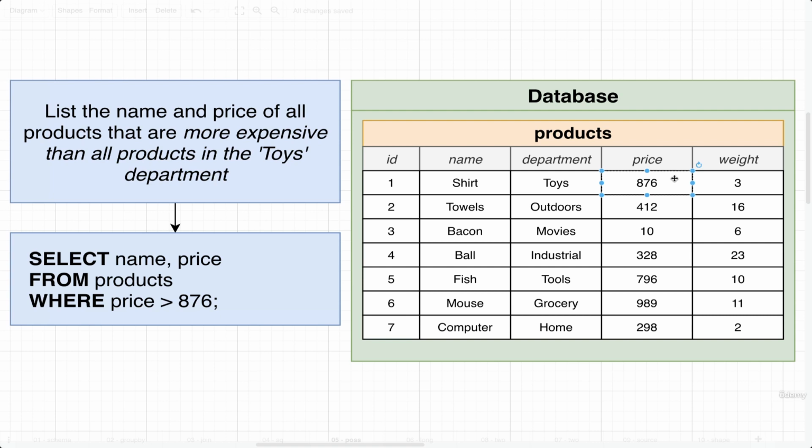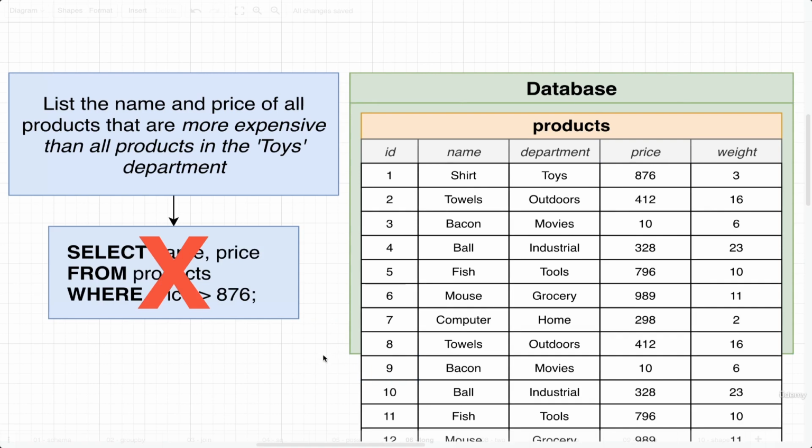Now, why is this the easy way out? Not only is it the easy way out, but it's also really cheating. We are only able to write this query right here because you and I can visually inspect all of our data and notice that the most expensive product in the toys department is $876. But in the real world, we might very easily have way too many products to do that kind of visual inspection.